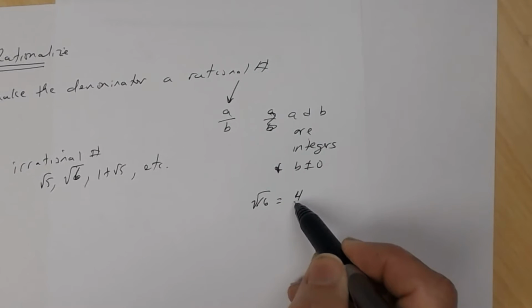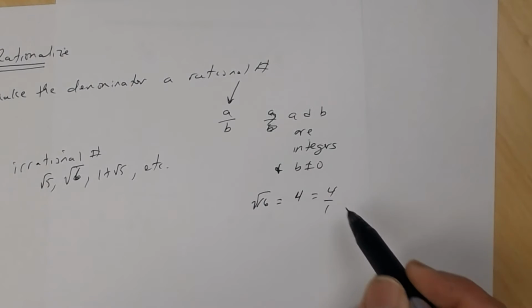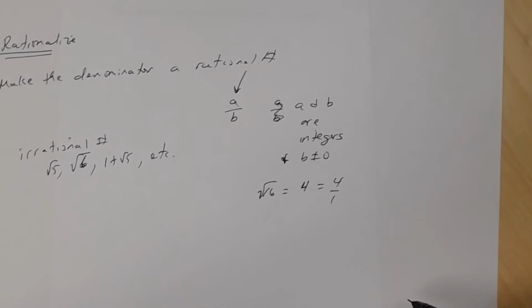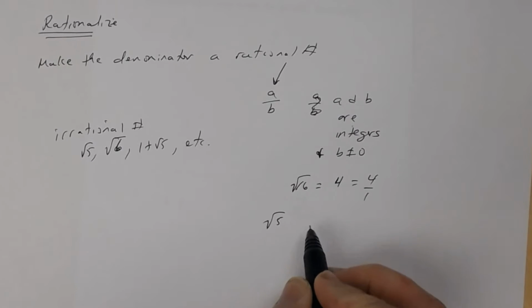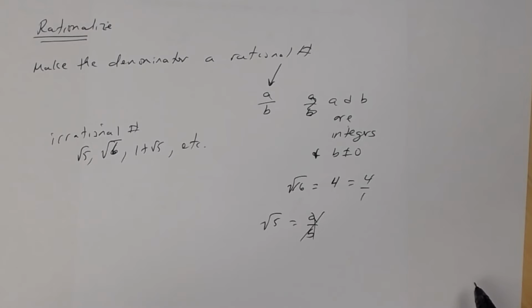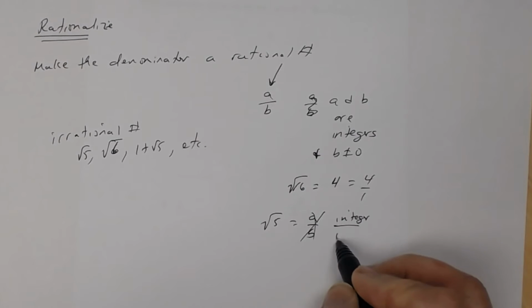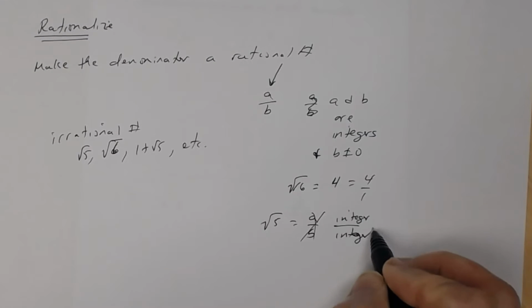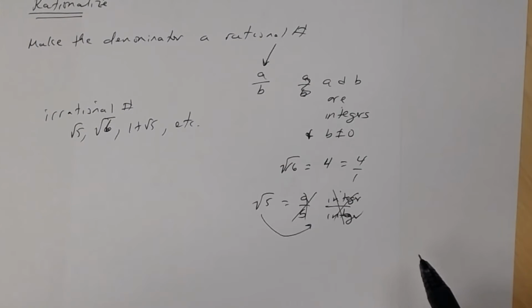The square root of 16 is 4, and I can write 4 as 4 divided by 1, and both of those are integers. But you cannot write the square root of 5 as an integer divided by an integer. So that's why those are irrational numbers.